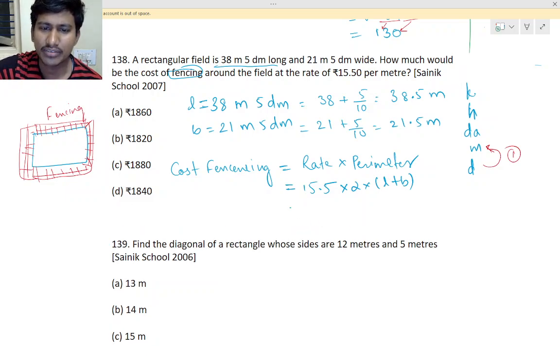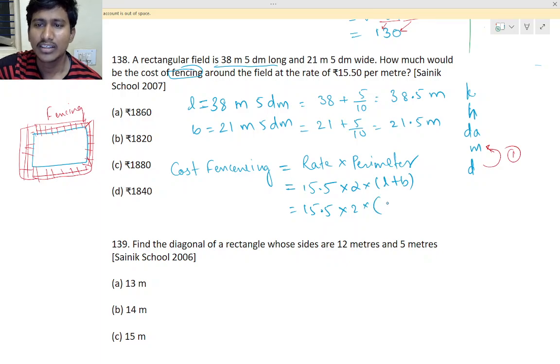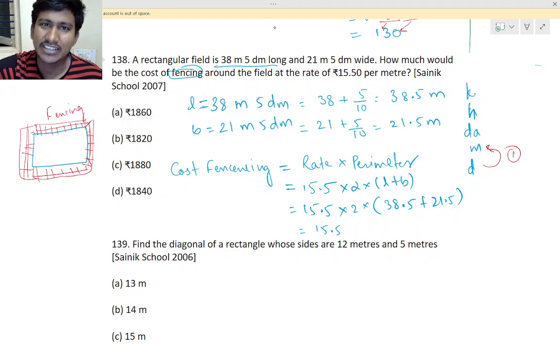So 15.5 into how much? 2 times length plus breadth here. Length is 38.5 and breadth is 21.5. So if you add them and multiply, you will get the answer. Instead of writing 15.5, 2 times is how much? 31, because 15 2s are 30, 5 2s are 10, so 31 it will be.